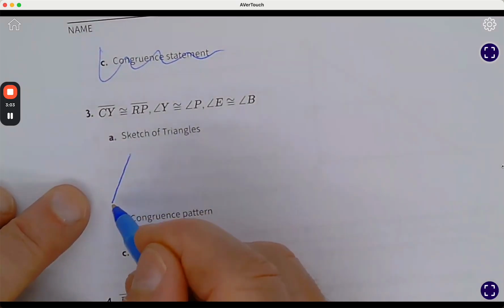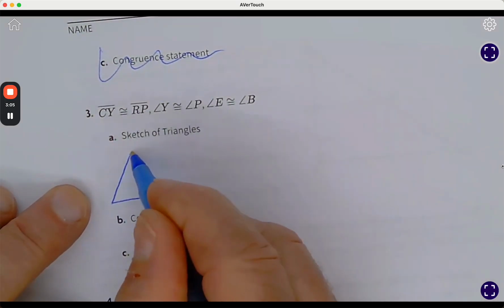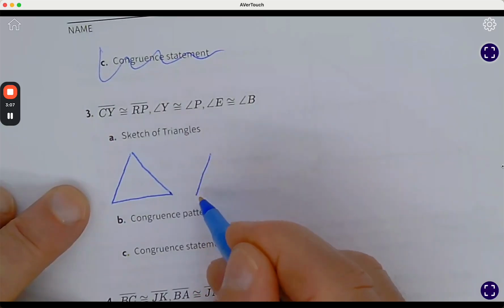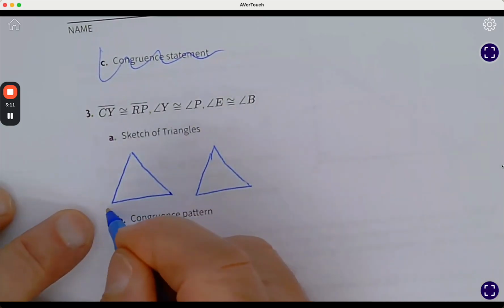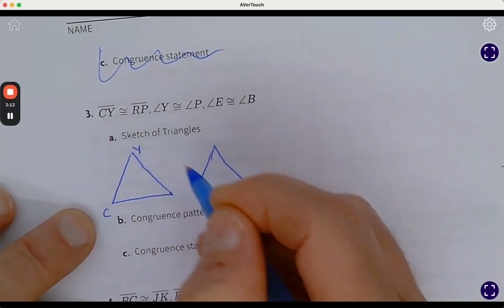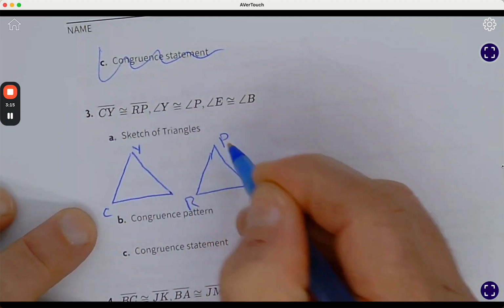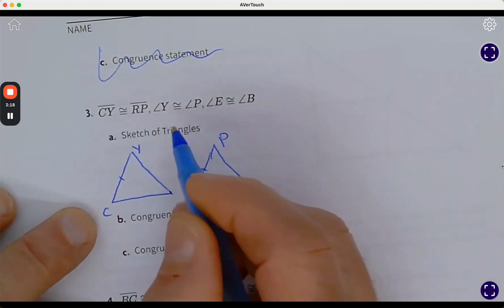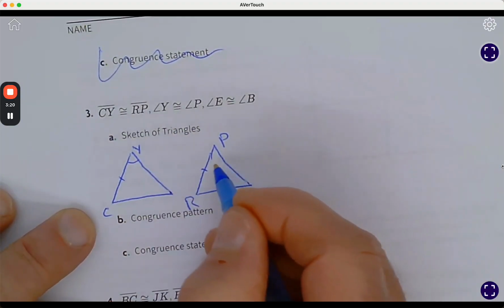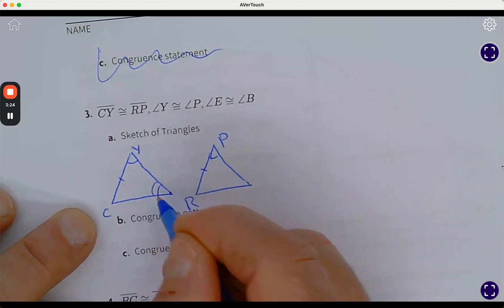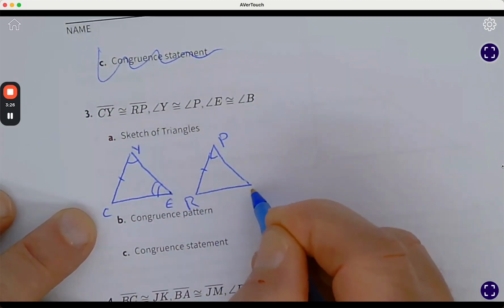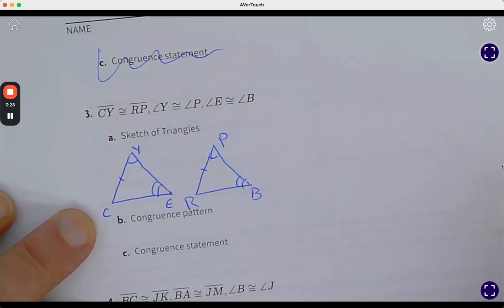All right, I got this. CY. It's going to go to RP. Angle Y is congruent to angle P. Angle E, this must be angle E, is congruent to angle B. Like so.